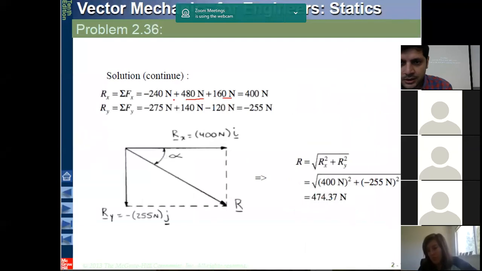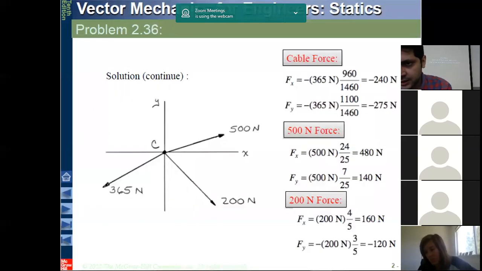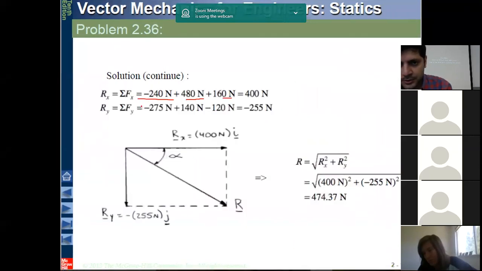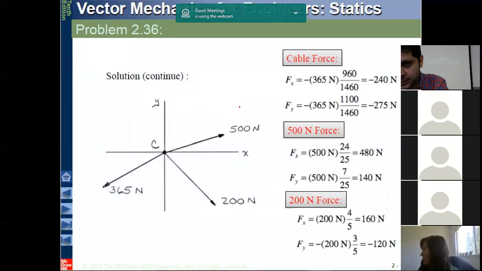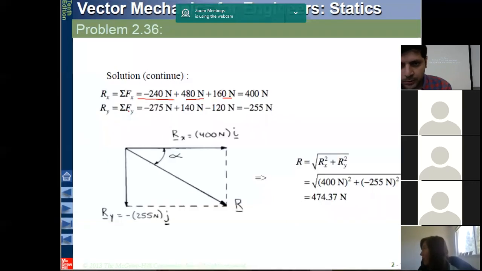These three are the Fx that we got in this slide. We sum all of them to get Rx, and then we sum all the Fy's to get Ry. Now that we know the components of the resultant force, we can calculate the magnitude by taking the square root.